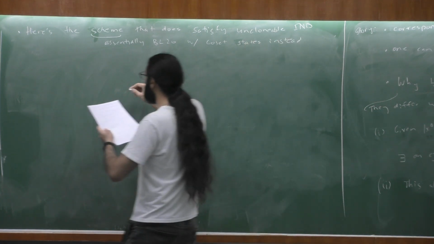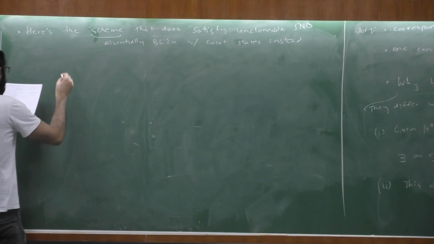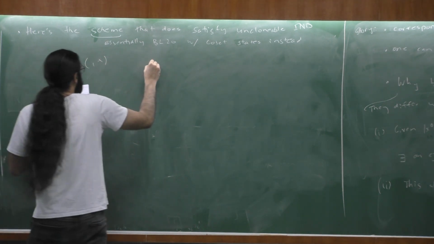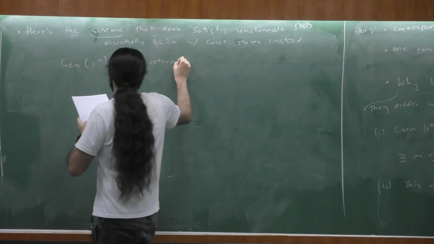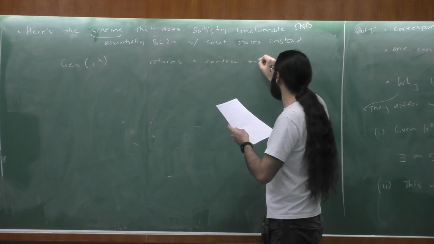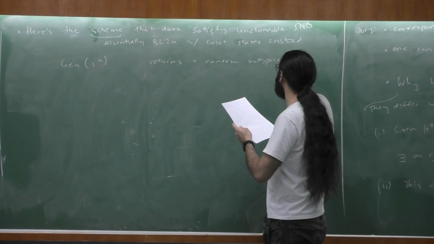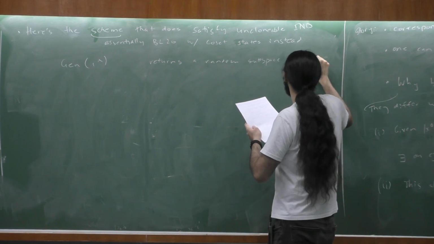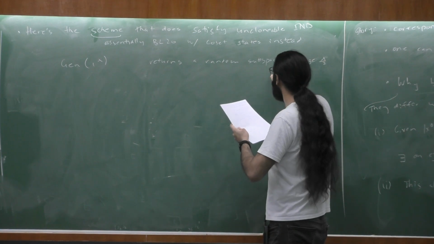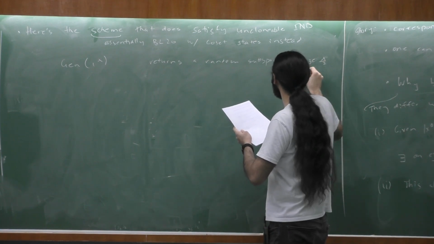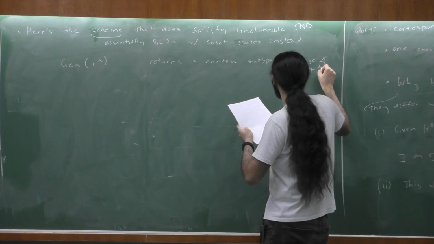So what is the scheme? I think somebody had already guessed. Gen 1 to the lambda basically returns a random subspace A of size lambda by 2 of F2 to the lambda.